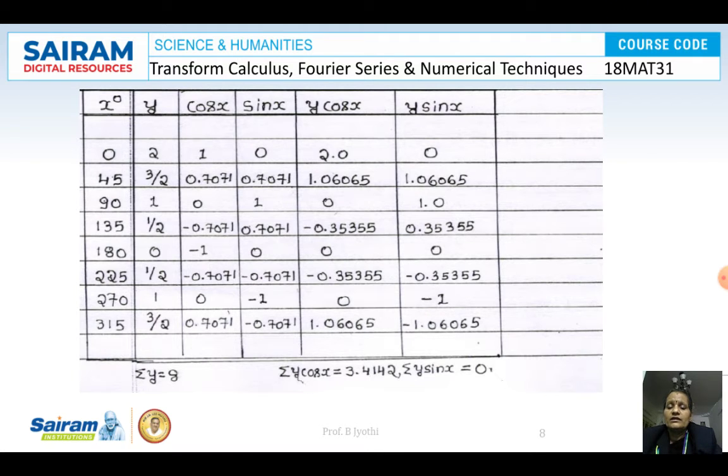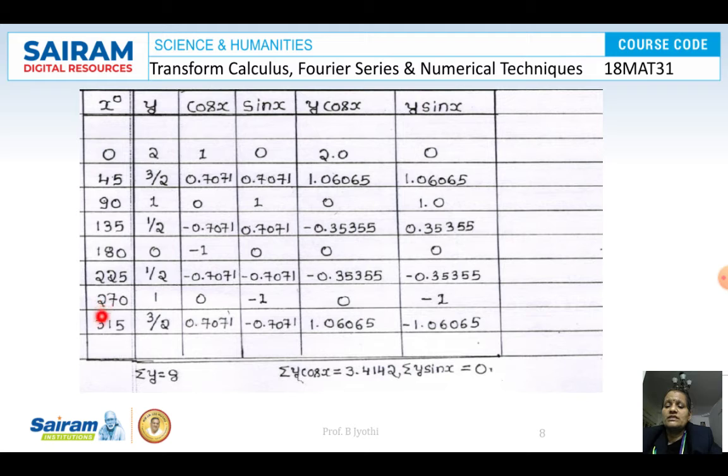Now we need to compute the table here. So the table is given by x degrees, y, cos x, sin x, y cos x and y sin x. So x values are given.